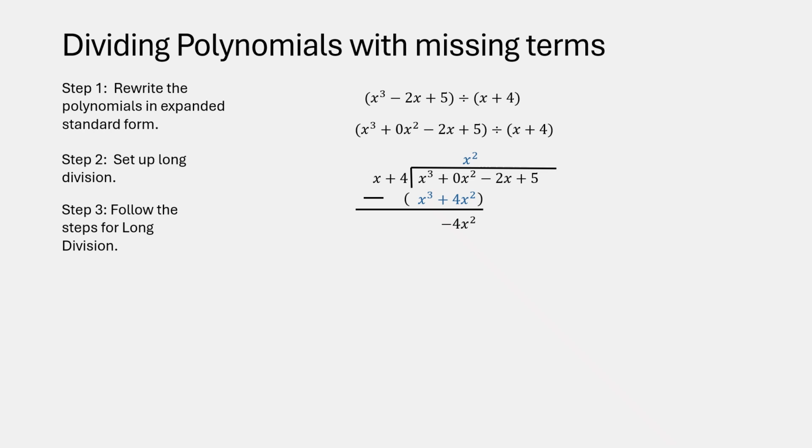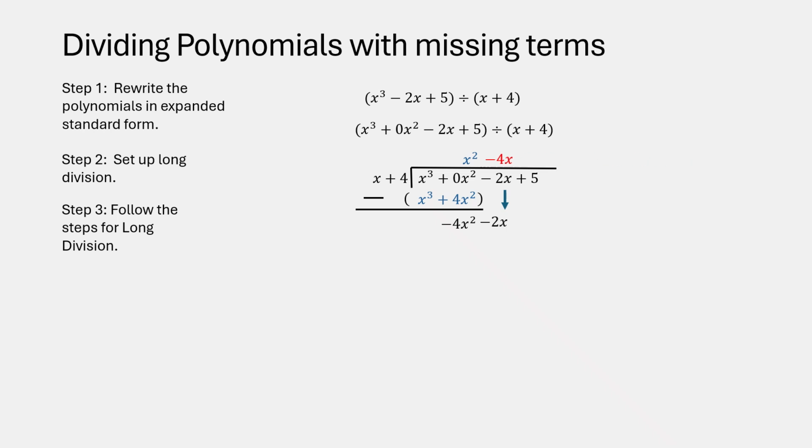And then we need to do what? Correct. Bring down the next term, minus 2x. So now we're taking this binomial term, dividing it into the minus 4x squared minus 2x. X goes into a minus 4x squared minus 4x times.